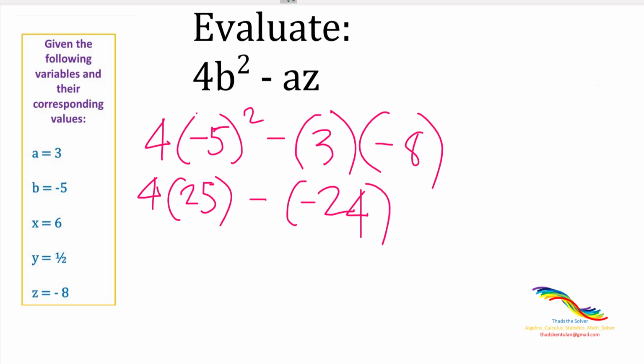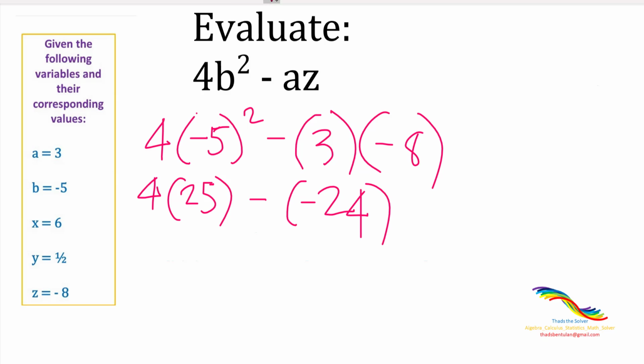Notice here that this is -24 and it's still inside the parentheses, so there's still a subtraction sign here. It's actually the parentheses that's keeping us away from confusion.